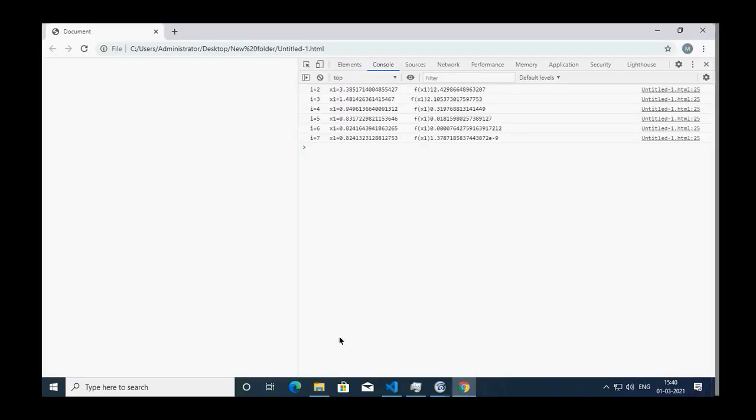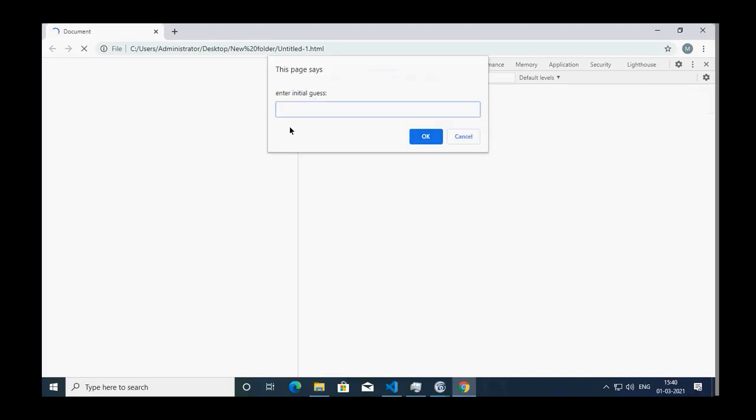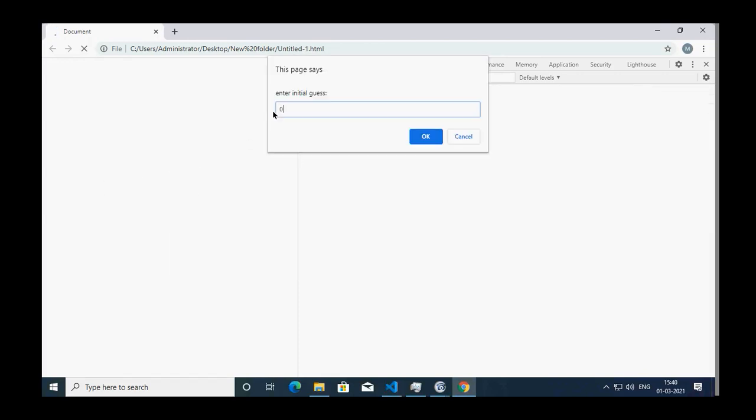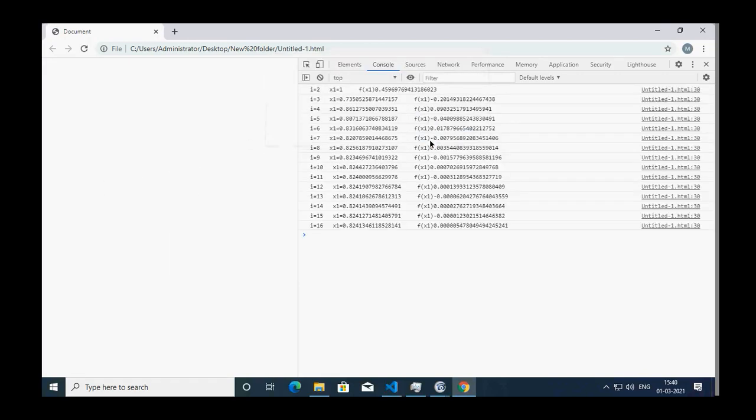Now let's see. I just hit run, reload, initial case 1. I am getting convergence after 15 iterations. You can see here I took more iterations as compared with the Newton-Raphson method, but still I got the value. If I reload it and put 0, at 0 also I got convergence after the 16th iteration.